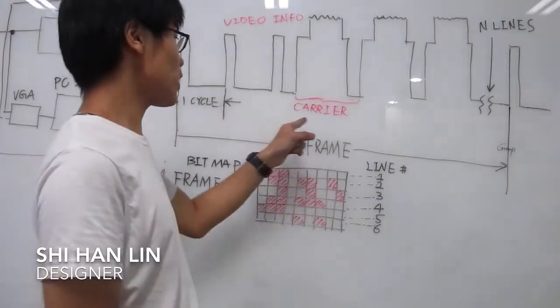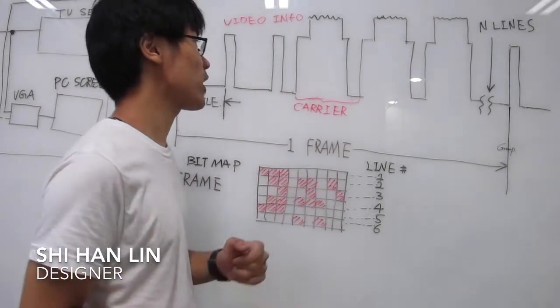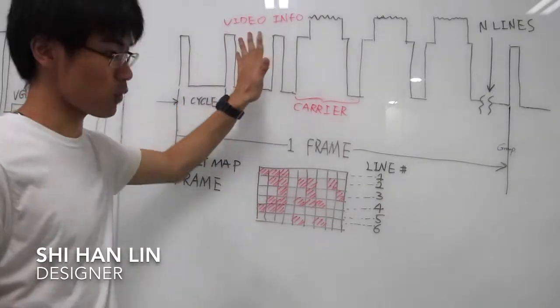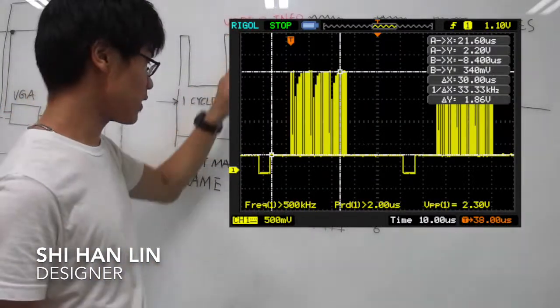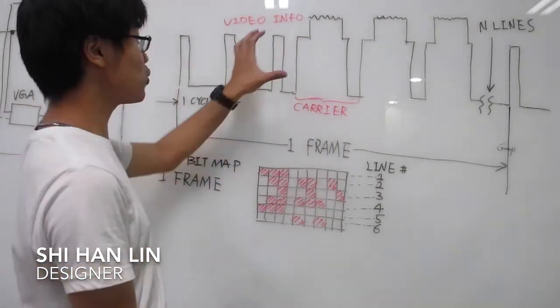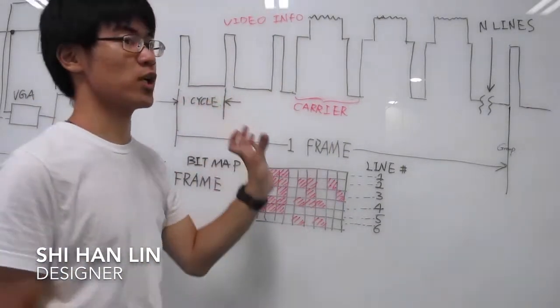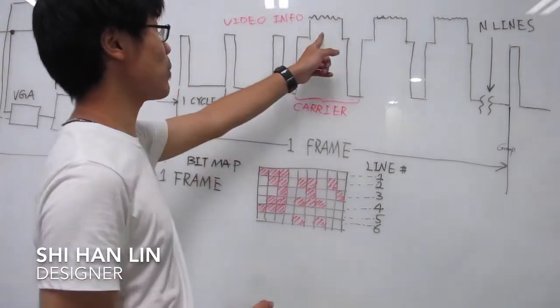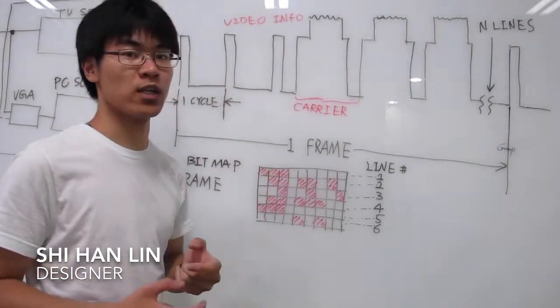And this part I said carrier here, it is a kind of carrier wave, and it will carry the video information, which is transferred by the SPI module. Each carrier wave is generated by the auto compare, and the other part is generated by the SPI.